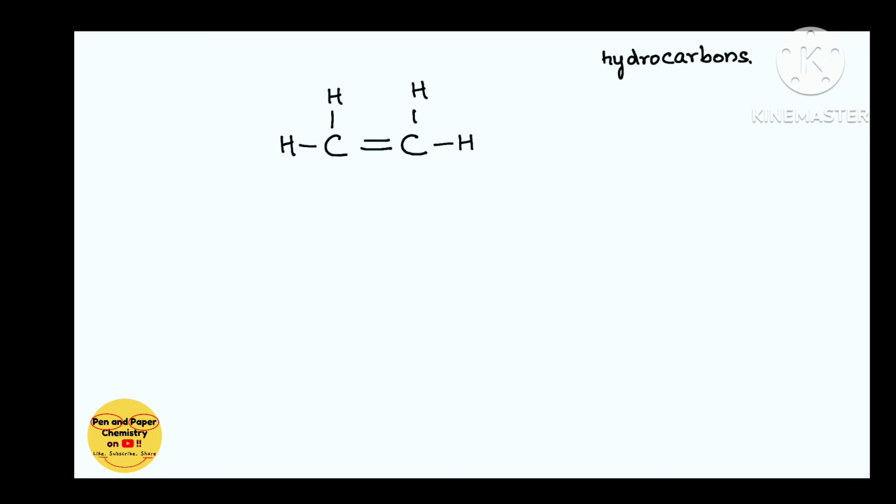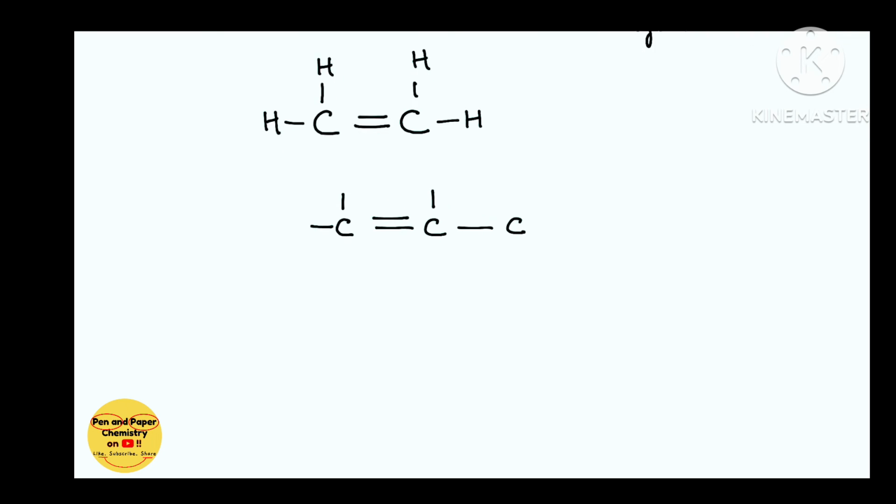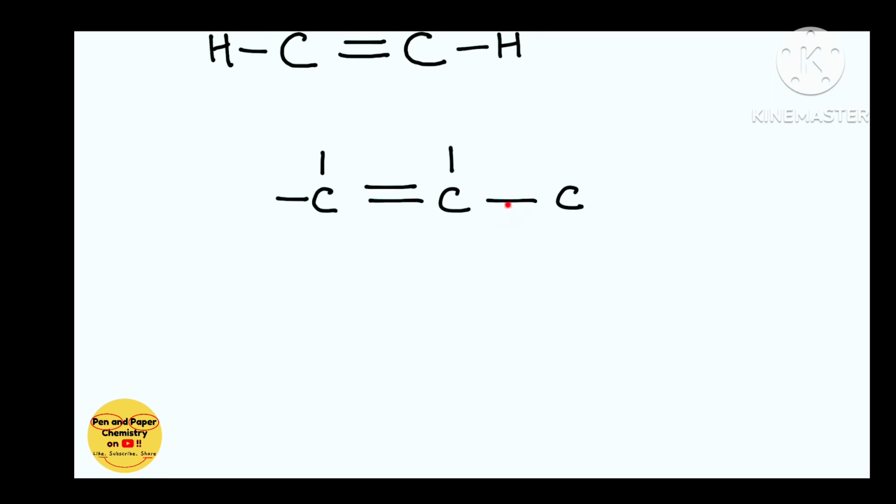Okay, what if I have 1, 2 and 3 and there's a double bond? Now how many hydrogen are you going to put? Okay, 1, 2 and 1 and 2? No? Why? Oh yes, because if you see carefully, my carbon has already formed 1, 2 and 3 bonds, so it can only form one more bond, and that is the single dash here.